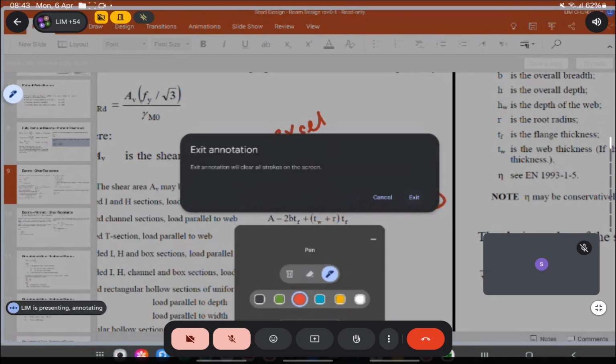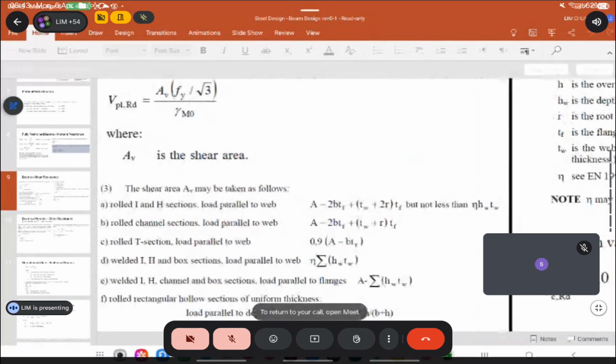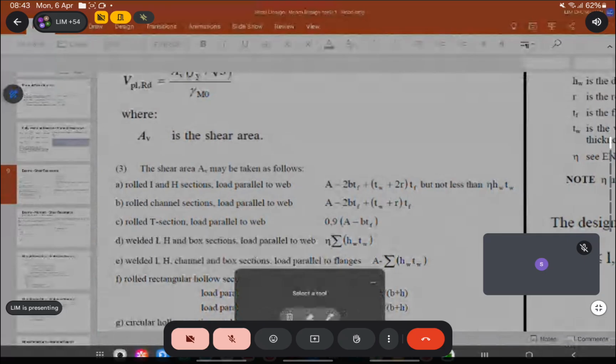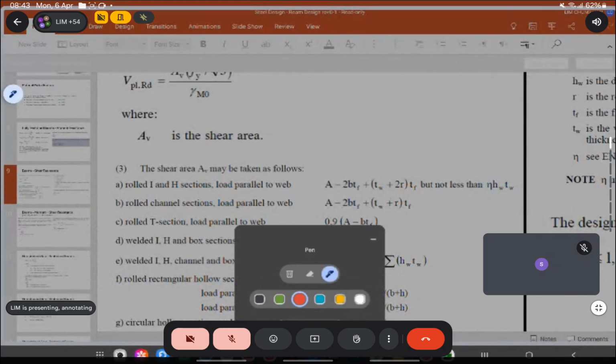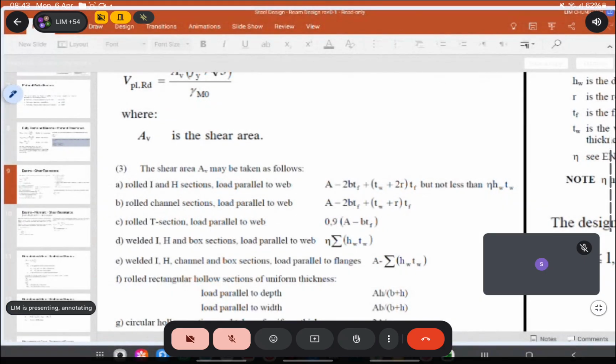Now, obviously, this is for I and H sections, UB or UC. If it's a channel section, then you use the second formula, B. Channel is like that.